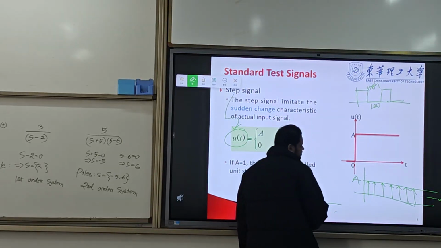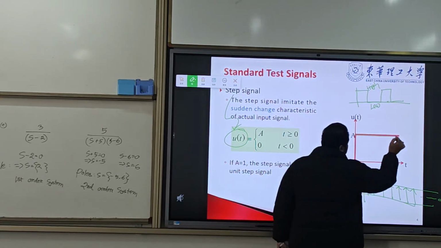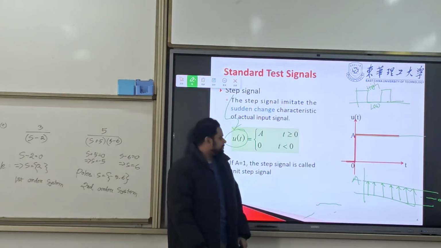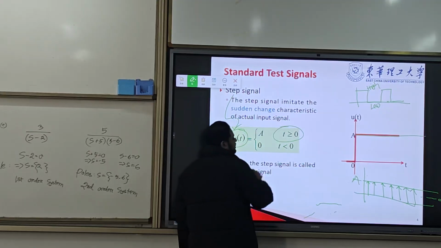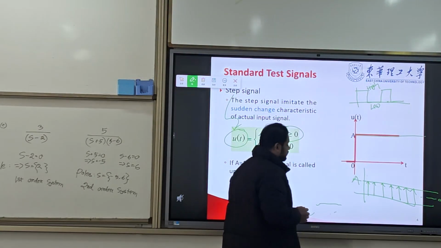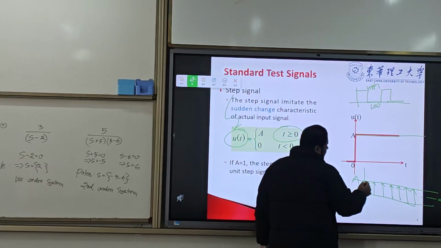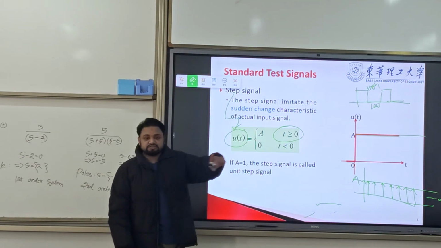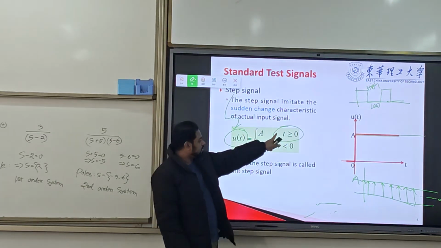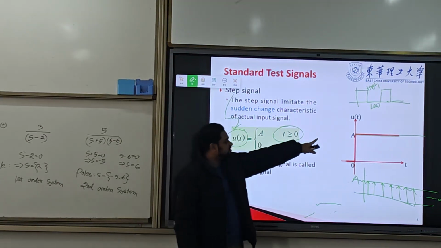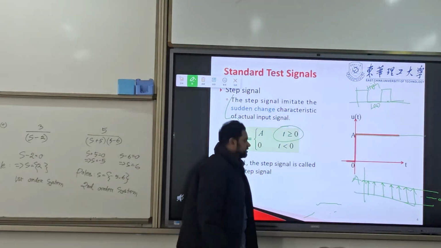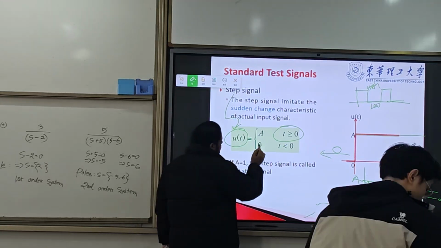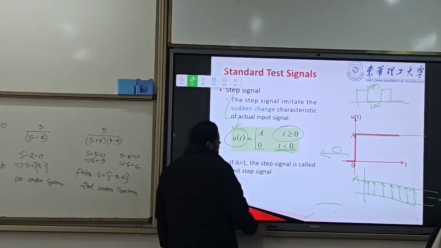You see it like this. It goes on till infinity. So if t is greater than or equal to 0, start from here and it goes to infinity, a series of impulses, then the value will be A. Here, look at this, the amplitude is A. But if t is less than 0, the value is 0. So u(t) is equal to A for t greater than or equal to 0, and 0 for t less than 0.